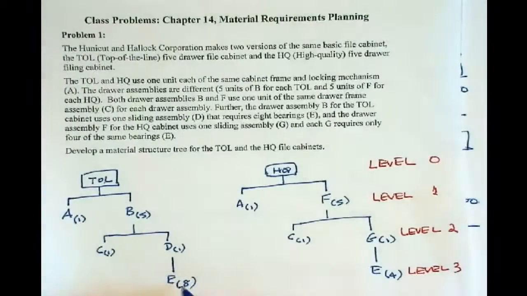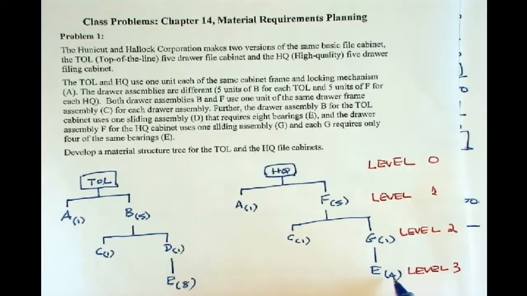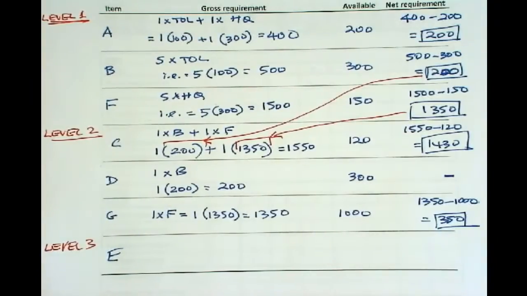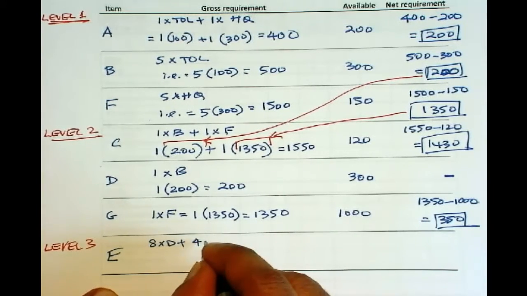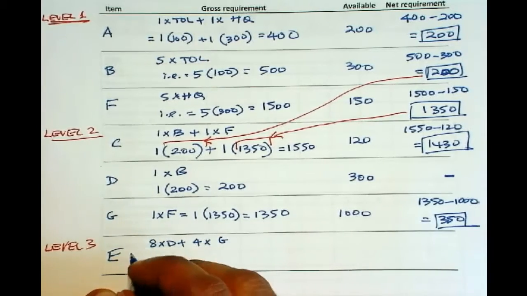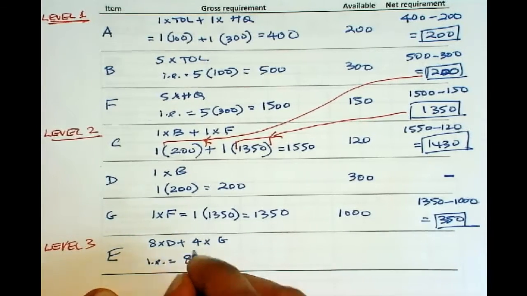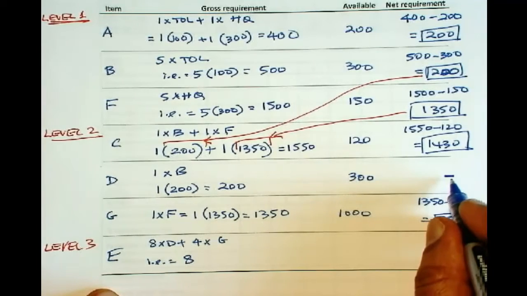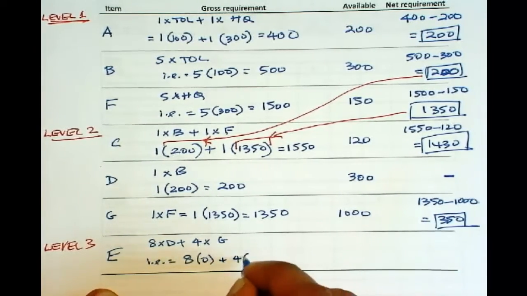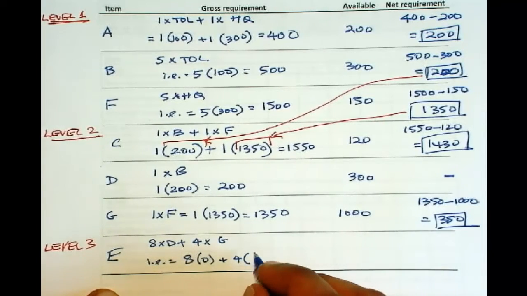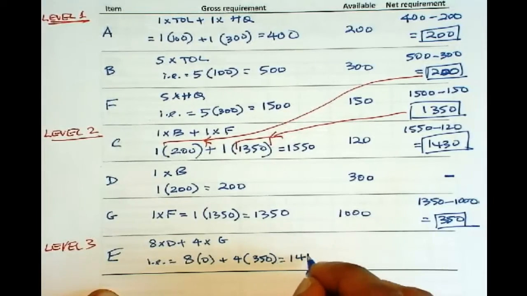We need 8 units of E for each D and 4 units of E for each G. So that will be 8 times D plus 4 times G, and that is equal to 8 times D, which comes from here, so that is 0, plus 4 times 350, which is 1440.